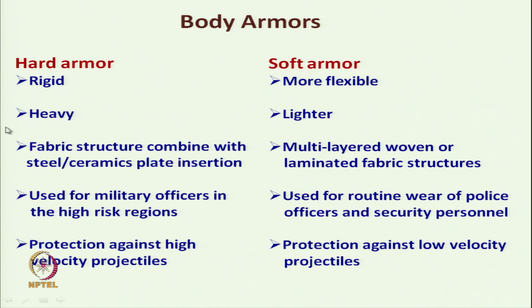Hard body armors are used for military officers in high risk regions, and soft body armor is used for routine wear of police officers or security persons. Hard body armors are used for projectiles with high velocity and soft body armors are used for low velocity. As of date, soft body armor can be used for low velocity projectiles.